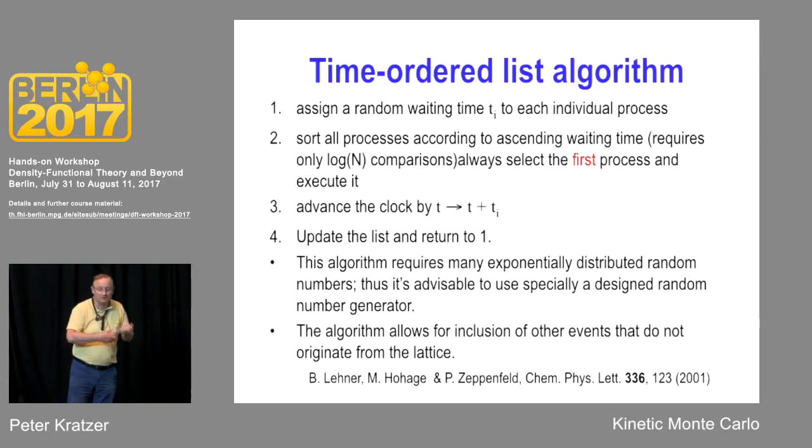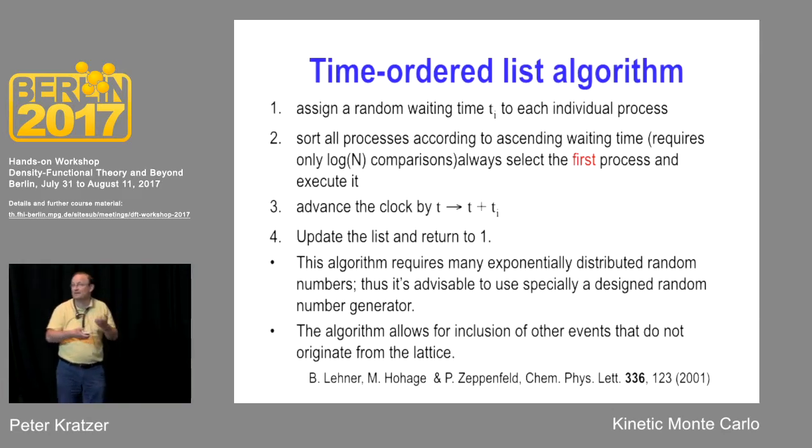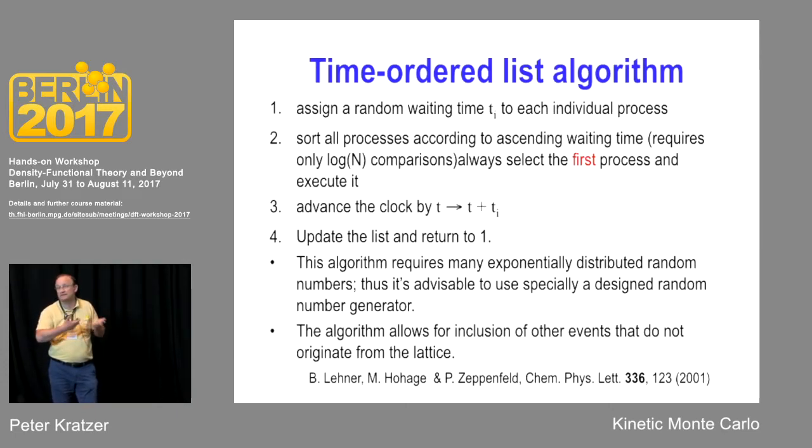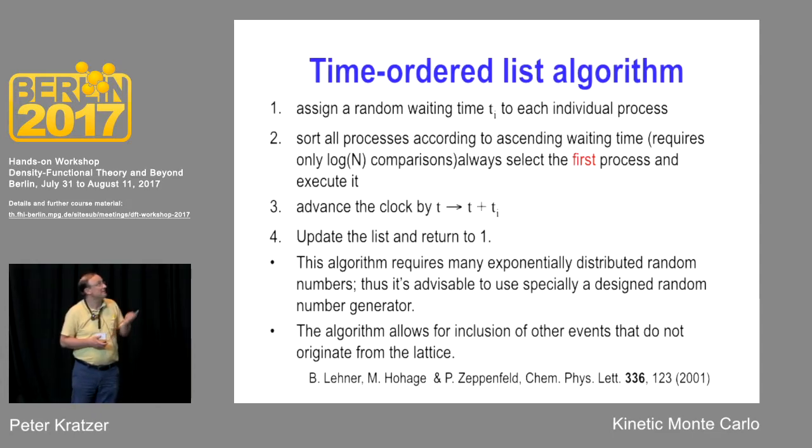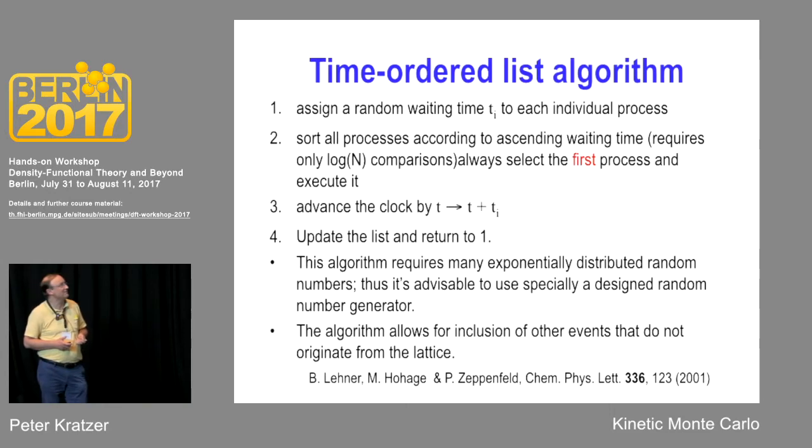And again, this sorting can be done very efficiently. There is a quick sort algorithm that scales logarithmically with the length of the list. So that can be very efficient. And then you simply select the first process in the list that has the shortest waiting time. This is your next process to come. But since it's a random waiting time, it is still, of course, a stochastic algorithm.